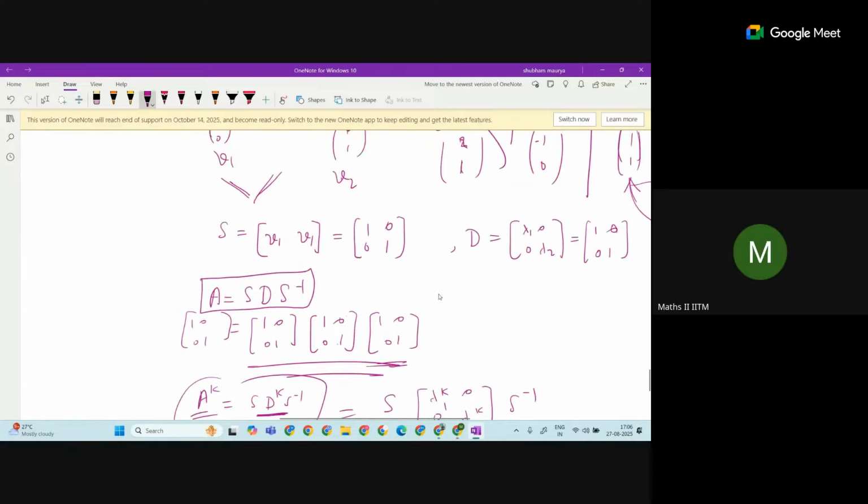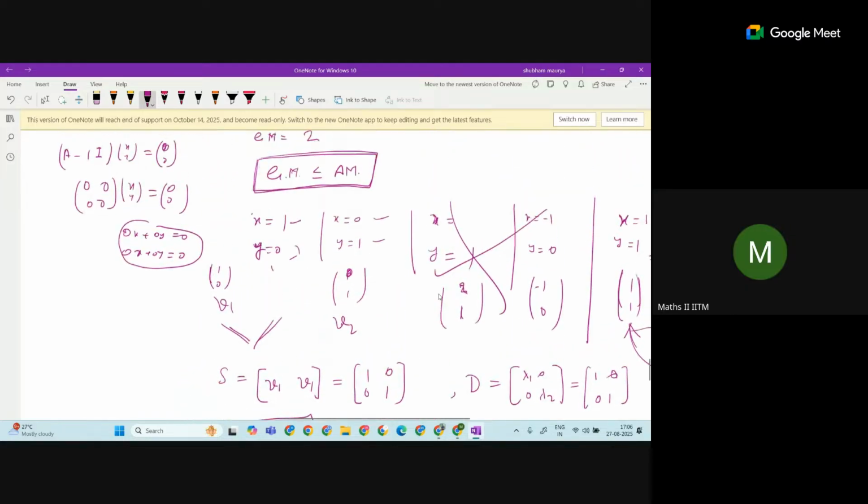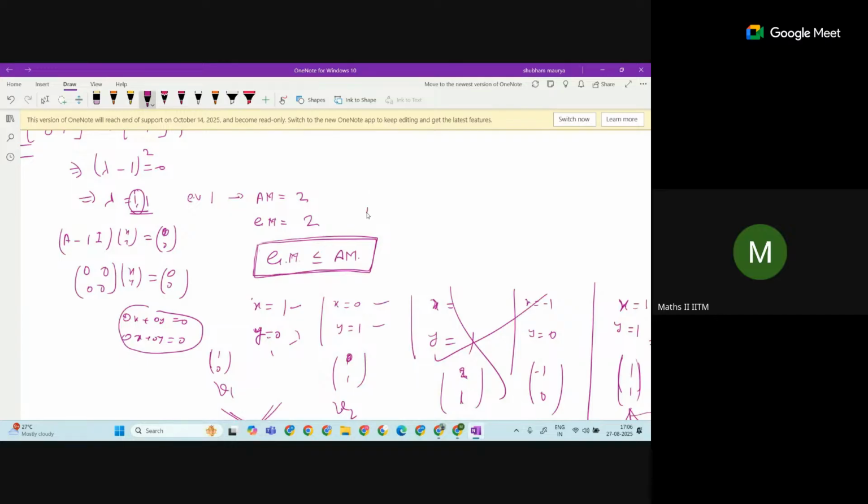A matrix is diagonalizable when you are able to find the independent eigenvectors, that is, when the AM is equal to the GM for every eigenvalue lambda i. For all i, AM equals GM means that many eigenvectors you are getting.